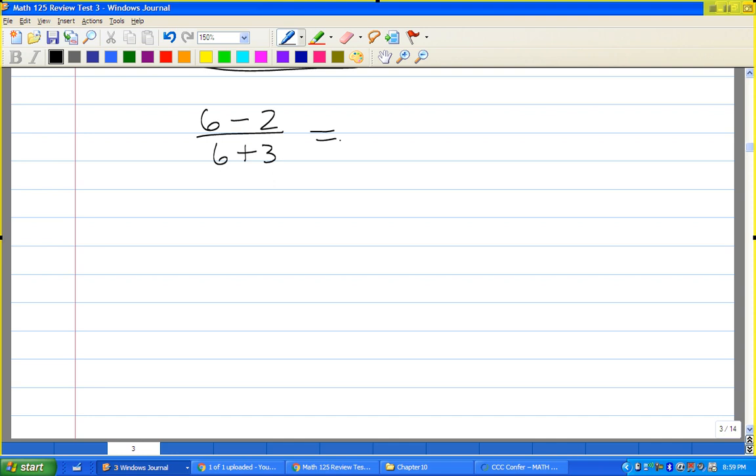So 6 minus 2 is 4, 6 plus 3 is 9. Now, if you had somehow tried to cancel the 6's, you would get something like negative 1 over 4, which is certainly not the same.